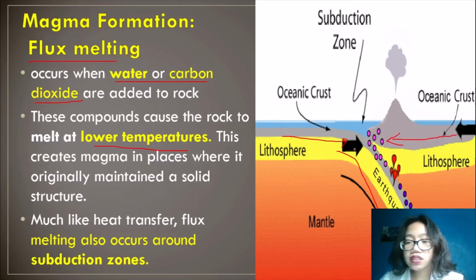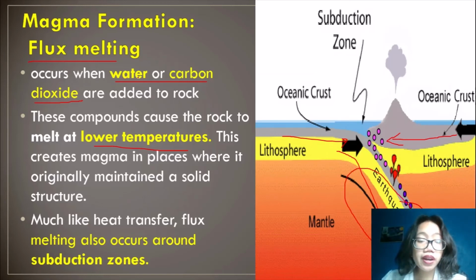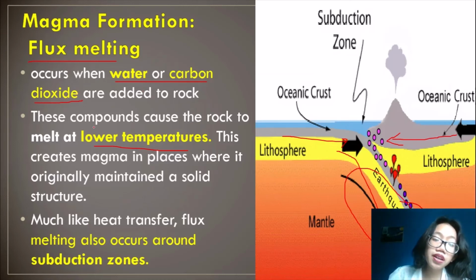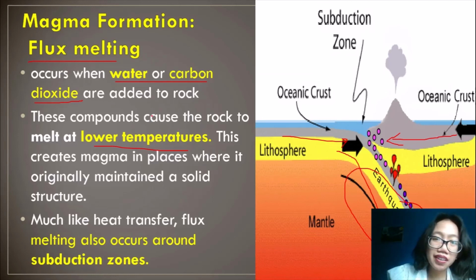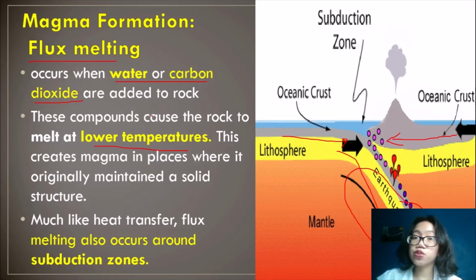You can imagine the transfer of heat may be happening here, but there is also the subduction zone, where water or carbon dioxide plays a vital role in lowering the melting point of our rocks, creating magma. Okay, so I hope that's clear for you. So again, decompression melting happens in divergent boundaries, transfer of heat at convergent boundaries, and flux melting in subduction zones.